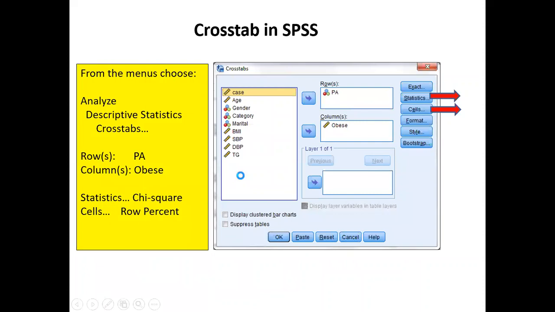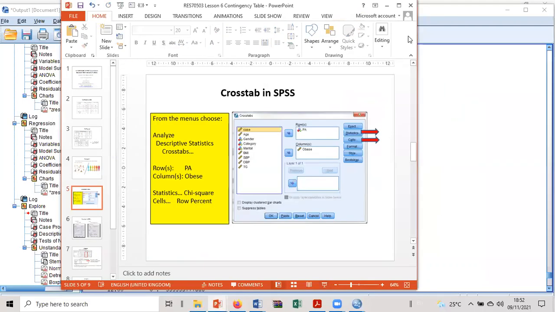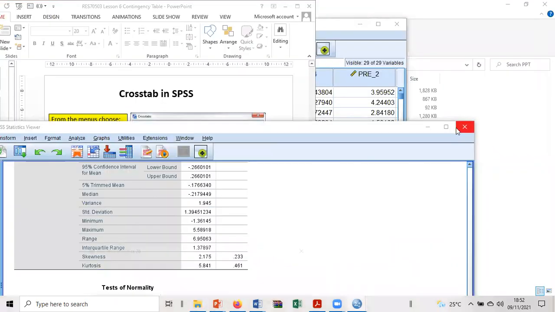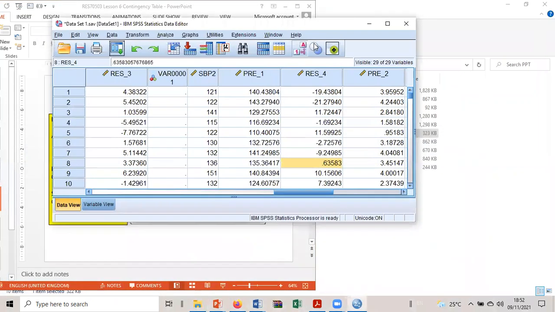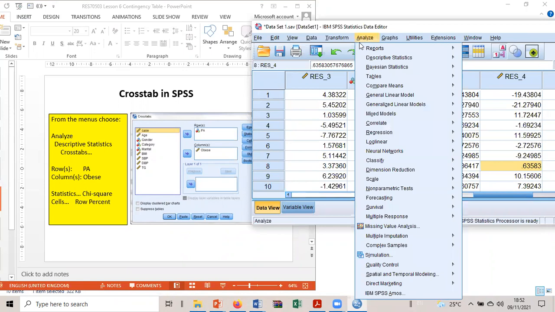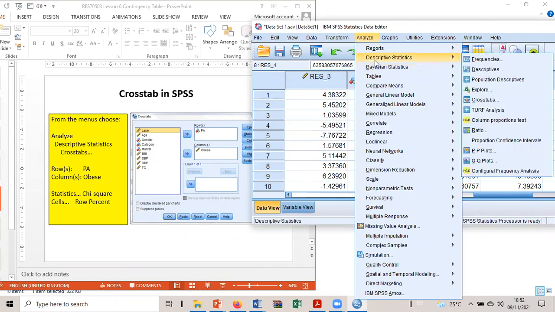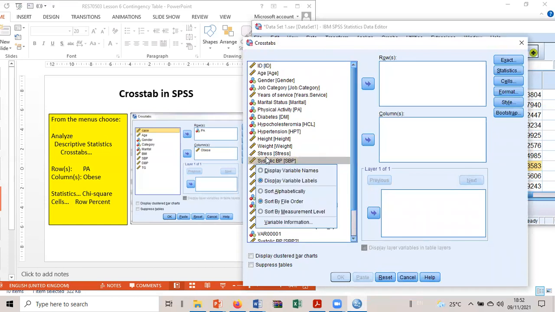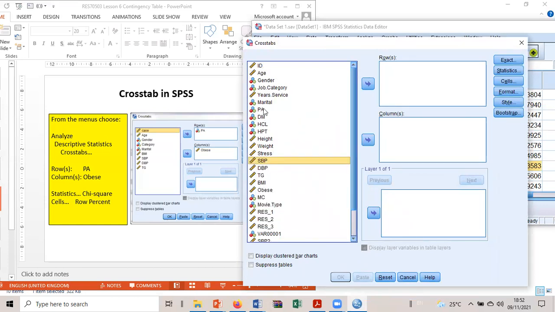Okay, open the file, the same data file. Okay, analyze, descriptive statistics, cross-tab. Follow the instructions in the yellow box. Physical activity, PA, in the row.